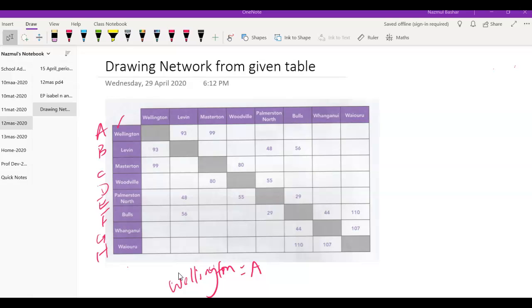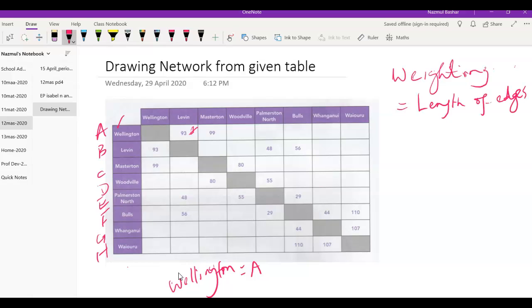These are called weighting, which is the length of the edges of the network. And first thing we got to count how many destinations or nodes there are.